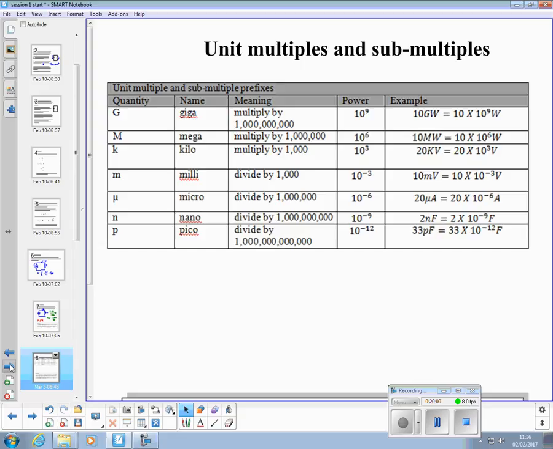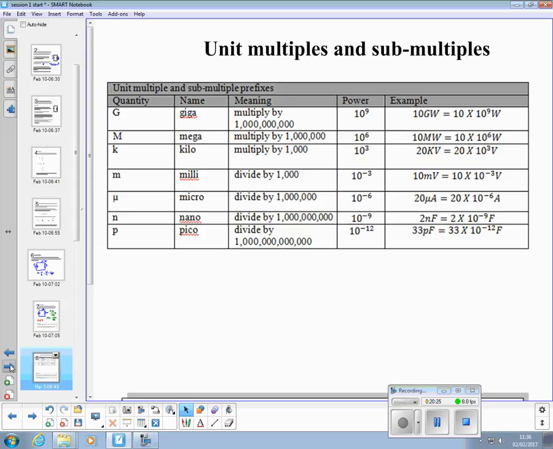Units, multiples and submultiples. We come across the use of a lot of these in electrical engineering. We want to talk about very high values, typically resistance, watts and volts. Sometimes we go up to kilovolts.